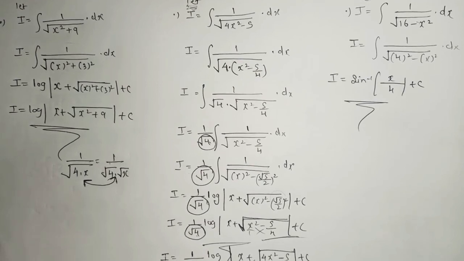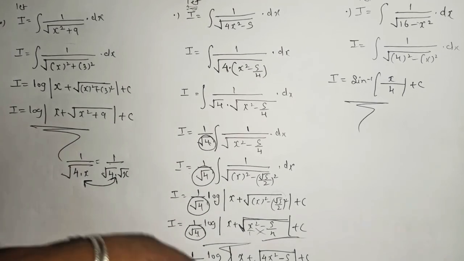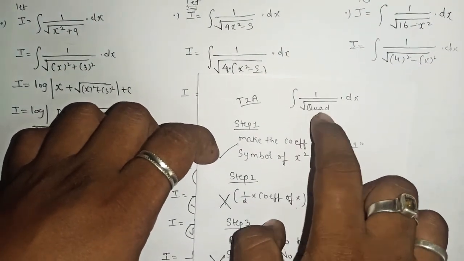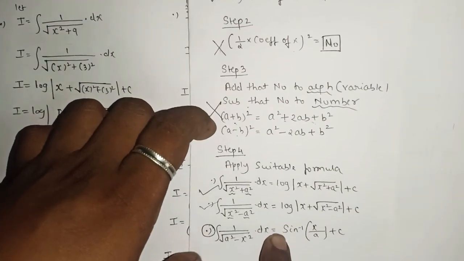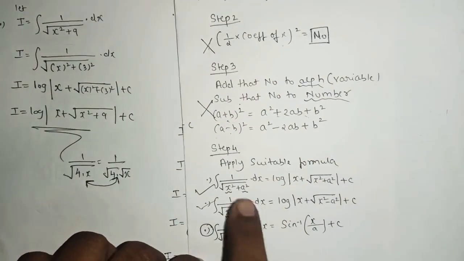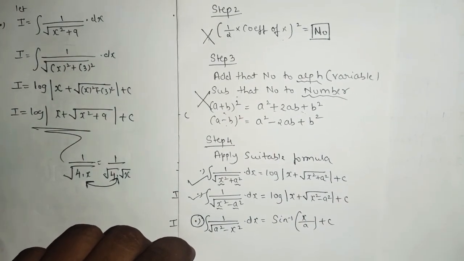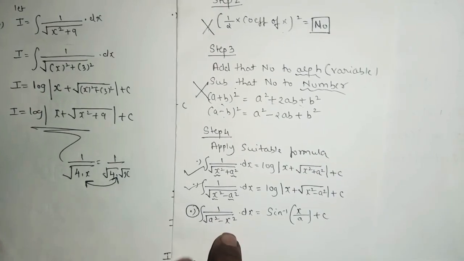Let's have a short revision of exactly what we did in today's lecture. We started with the integral of 1 upon root quadratic. We saw the steps. For type number 2a, there are 4 formulas, but basically in the exercise we use only 3 formulas. There is one more formula for type number 2a.